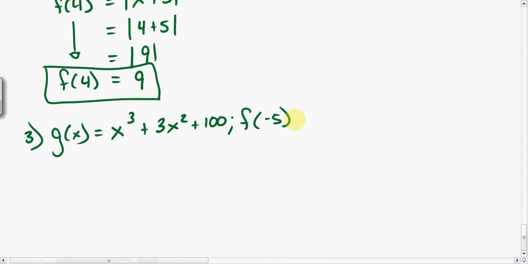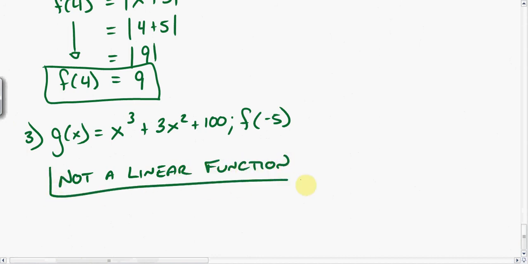We want to classify this as either being a linear function or not a linear function. We notice the variable x has exponents that are not 1. So anytime you have an exponent on the variable x that's not 1, you know it's not linear. So it's not a linear function.